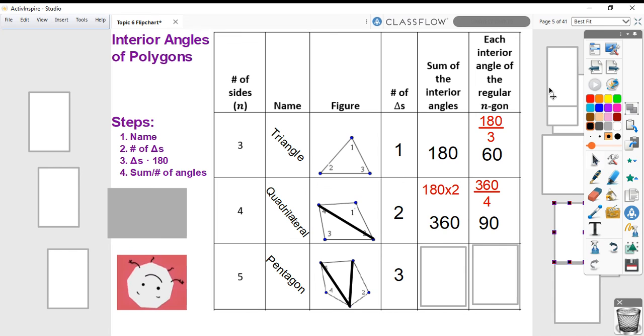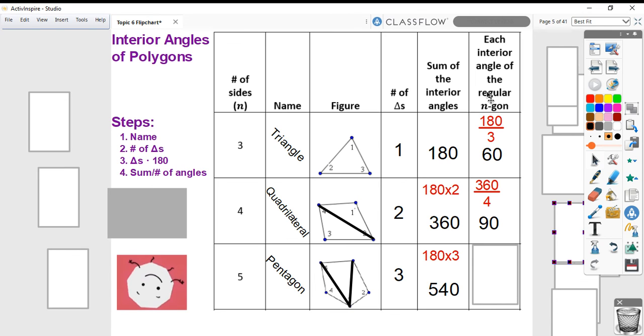So if we take this number 3, and we know that there's 180 degrees in the angles of all of those triangles, we take those 3 triangles and multiply it times 180. That gives us our total number of degrees in a pentagon, which is 540.